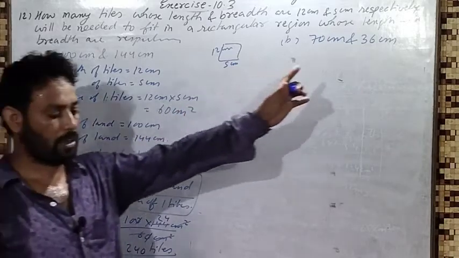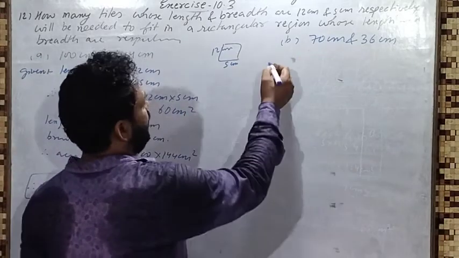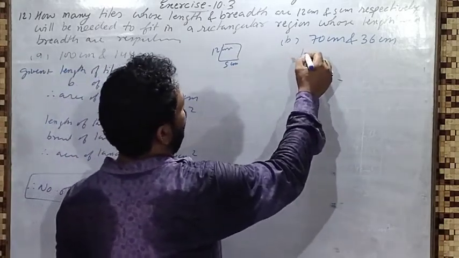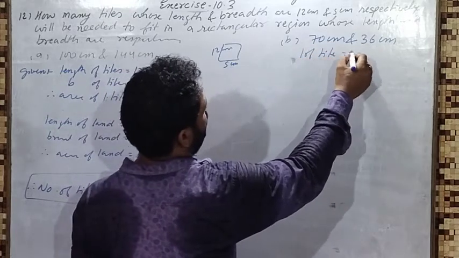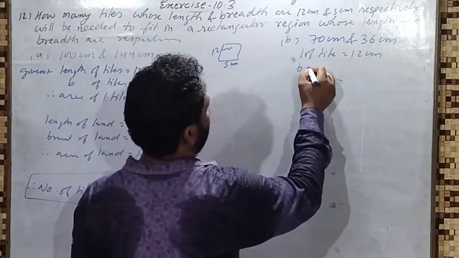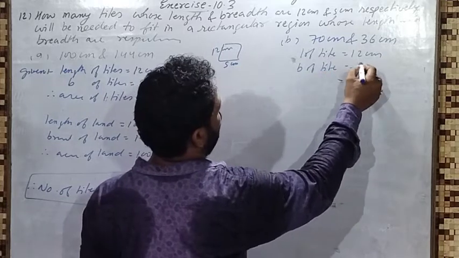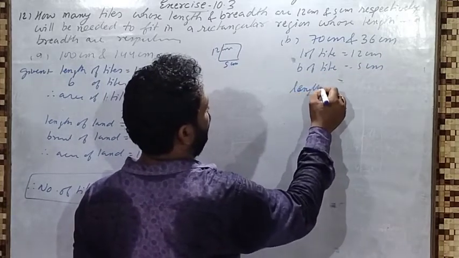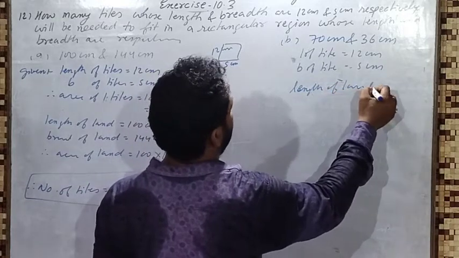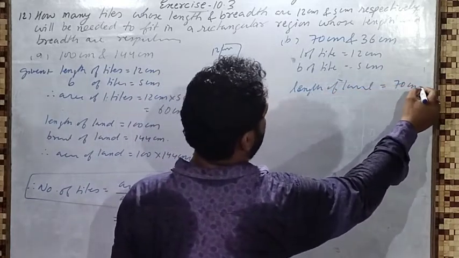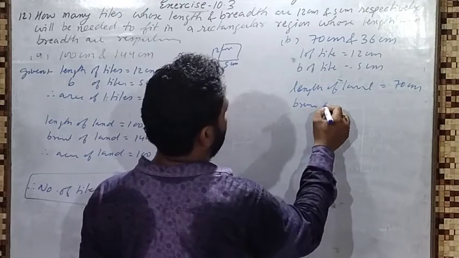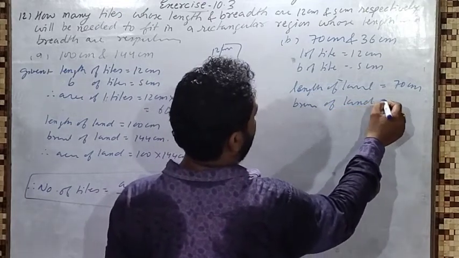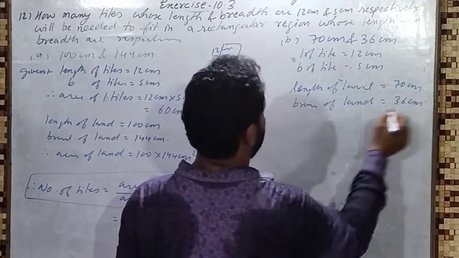Like this in the next question, this also we can write directly. Length of tile is equal to 12 centimeter, breadth of one tile is equal to 5 centimeter, length of land is 70 centimeter, breadth of land is equal to 36 centimeter.